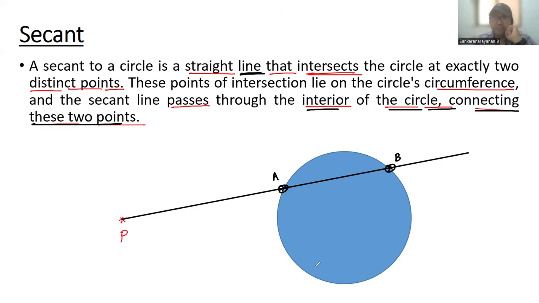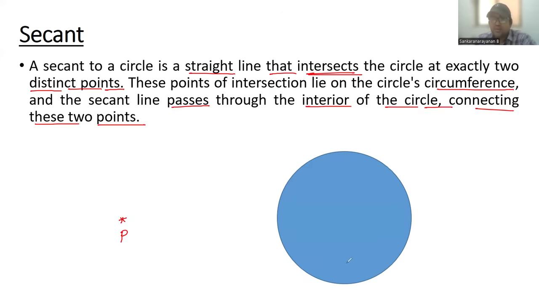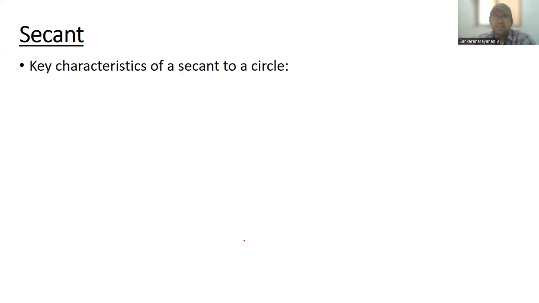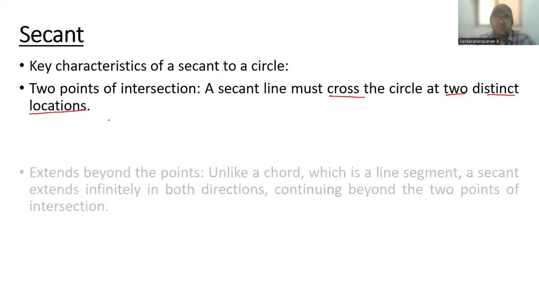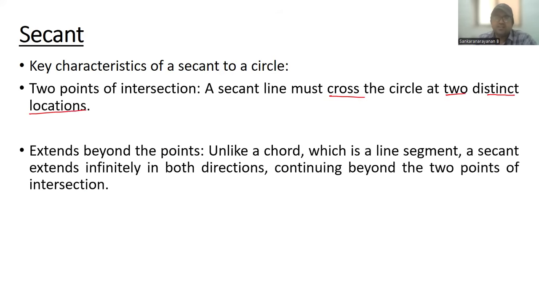All right. Now let's talk more about secants. The key characteristics of a secant to a circle. First, the 2 points of intersection. A secant line must cross the circle at 2 distinct locations, like you saw earlier, the point A and the point B. Please note the secant extends beyond these 2 points.